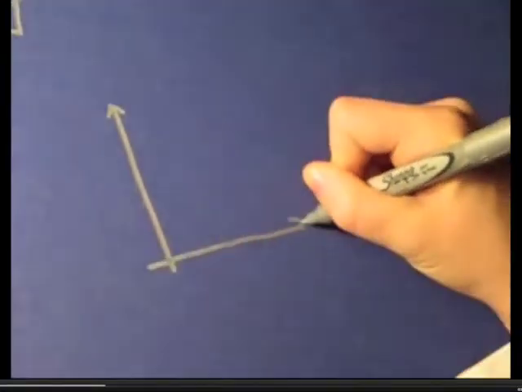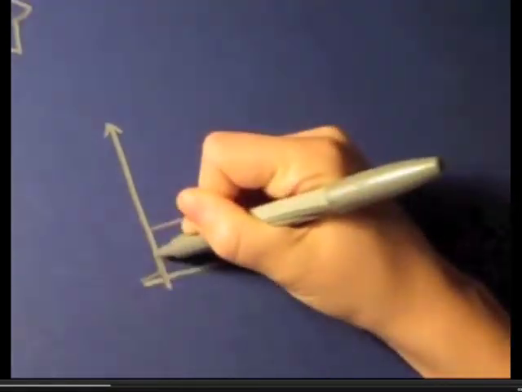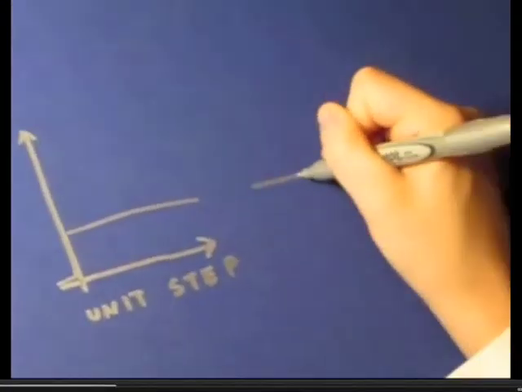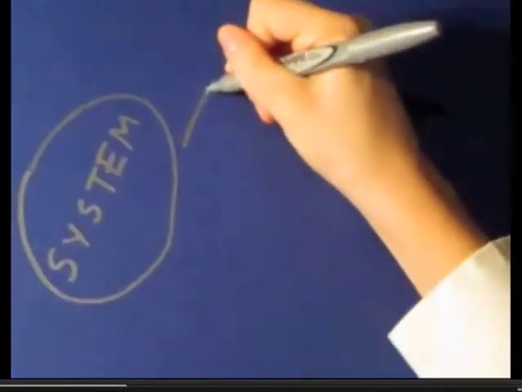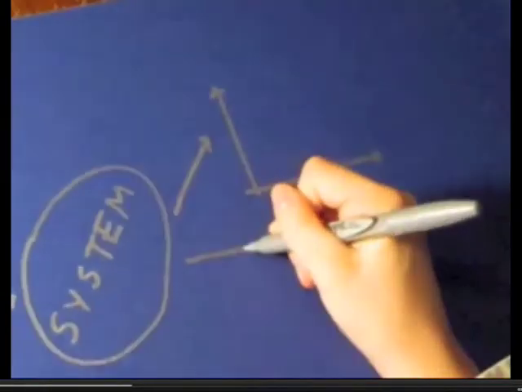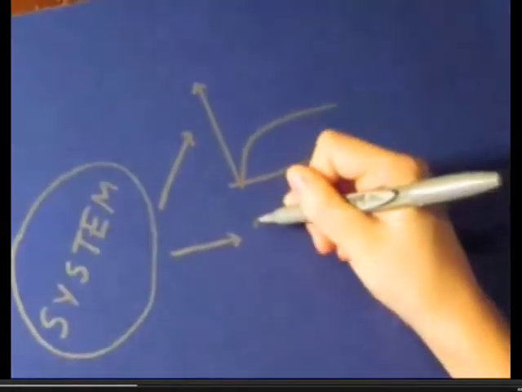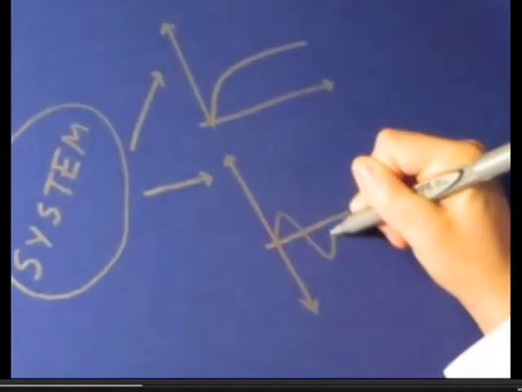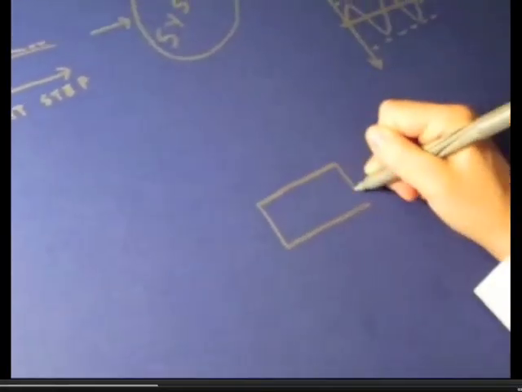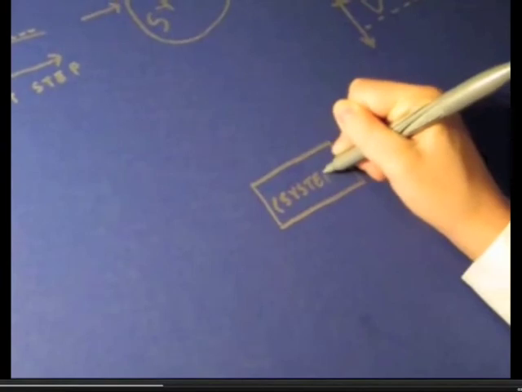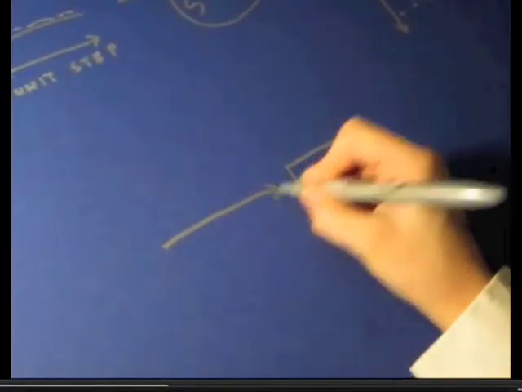BIBO stands for bounded input, bounded output. The input is a unit step, which is a y value of 1 for infinity, as input to a system. If the resulting response signals do not have y values going to infinity, they are bounded output. To show this as a block diagram, we draw a black box, which represents the system, except our black box is silver.